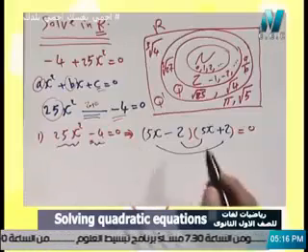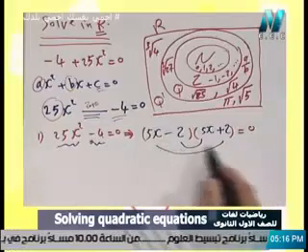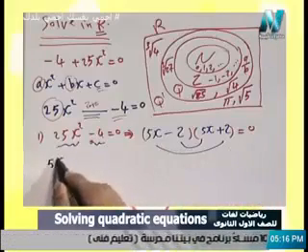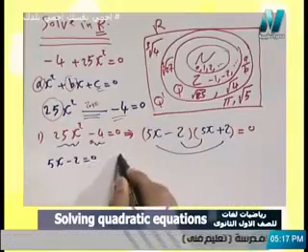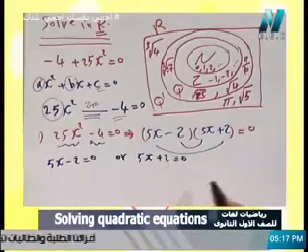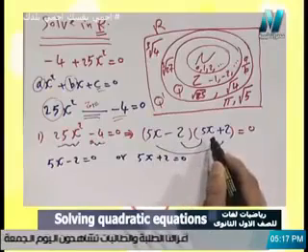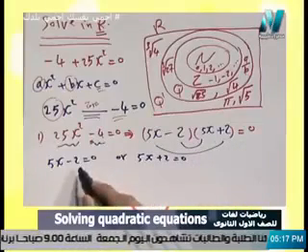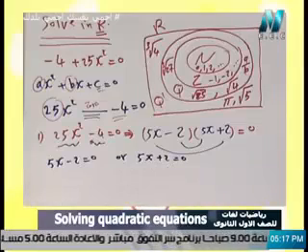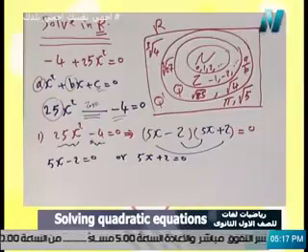Okay? To find the solution set of this equation, we put here 5x minus 2 equals 0, or 5x plus 2 equals 0. If we have two numbers multiplied by each other equal to 0, then the first equals 0, or the second equals 0. And we solve these equations to find x.